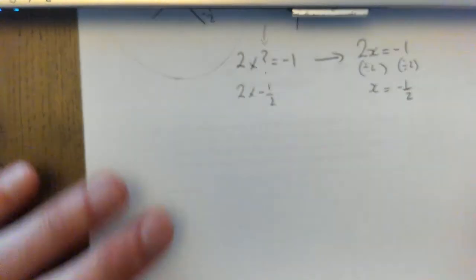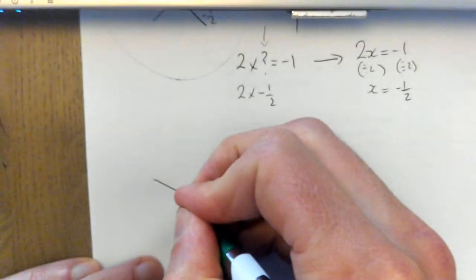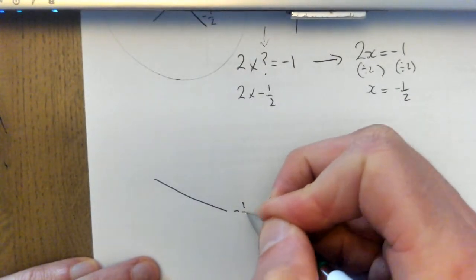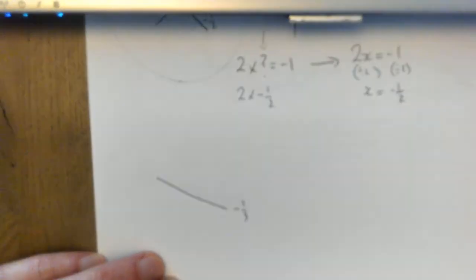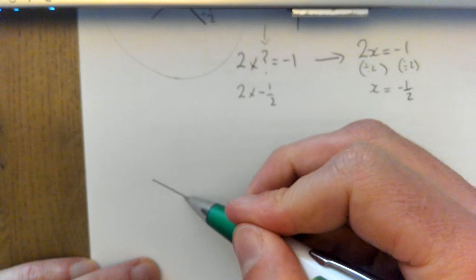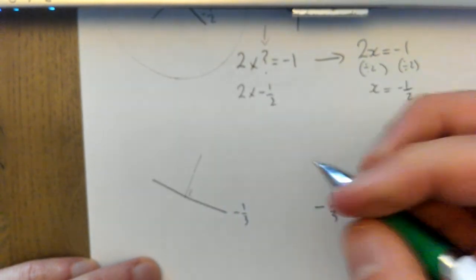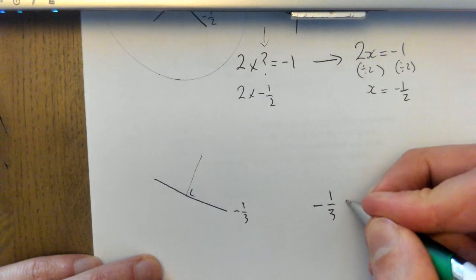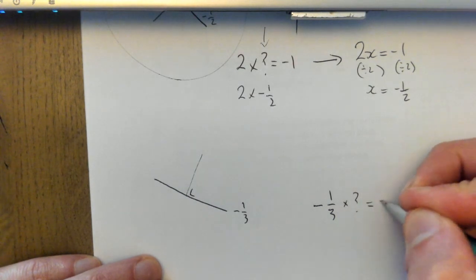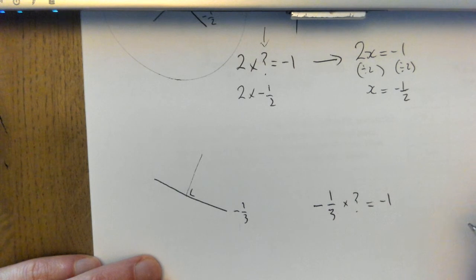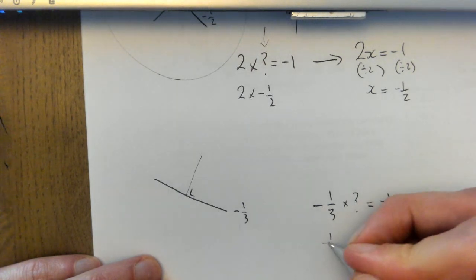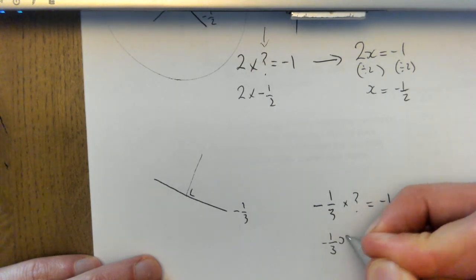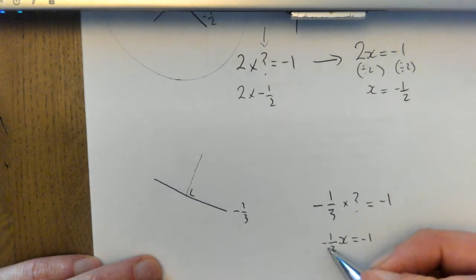Let's look at another one. If I give you a slope here of -1/3, there's a line there with a slope of -1/3, and I want to find the slope of this line, which is at a right angle, perpendicular. -1/3 times what gives me -1? Let's try and do a bit of algebra here as well. -1/3 times x equals -1.